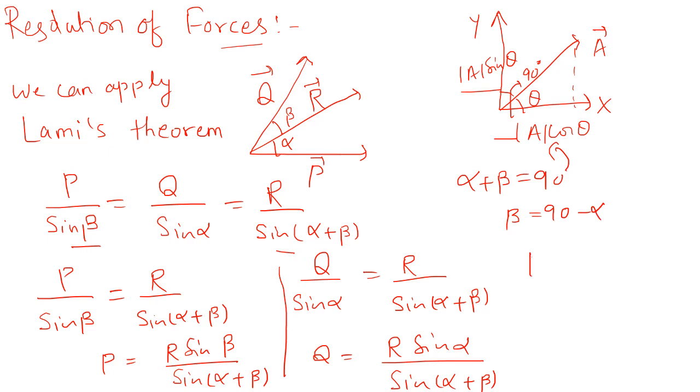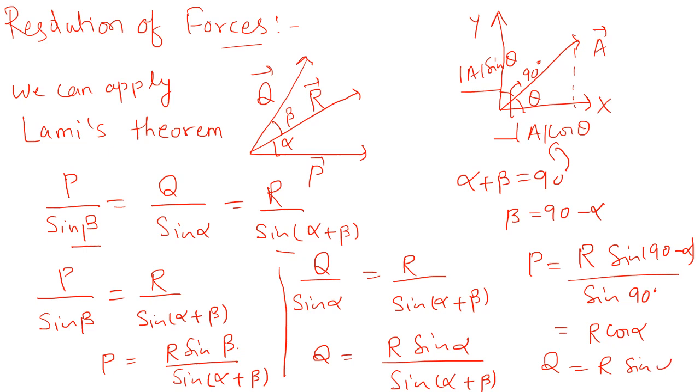So P equals R sine beta, that is sine of 90 minus alpha, divided by sine 90 degrees. So this is R sine of 90 minus alpha, and sine of 90 minus alpha is cos alpha. So P is R cos alpha. Similarly, when you put alpha plus beta as 90 degrees, you get Q equal to R sine alpha. So this is the resolution of forces.